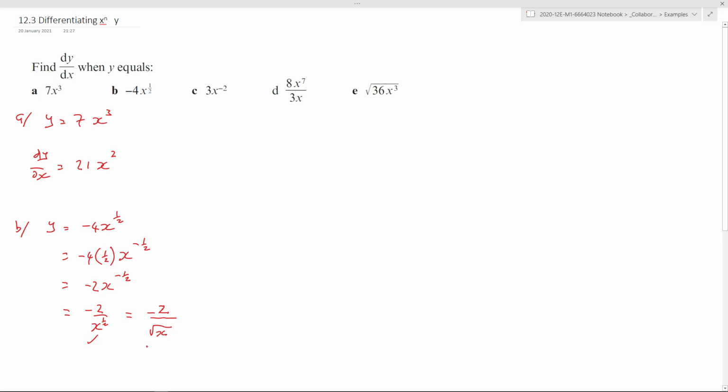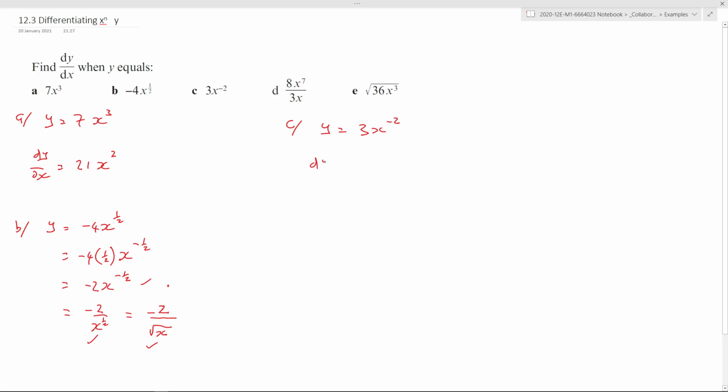Okay, either of these 3 is valid. Personal preference would be this one, but it depends on the situation. Right, let's go on to c. Y is equal to 3x to the power of minus 2.